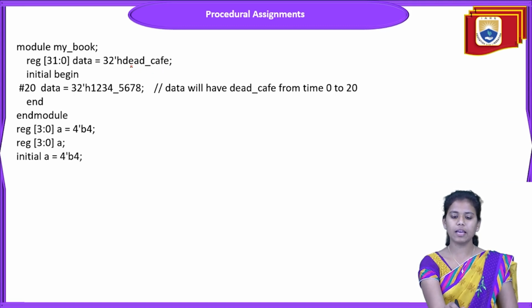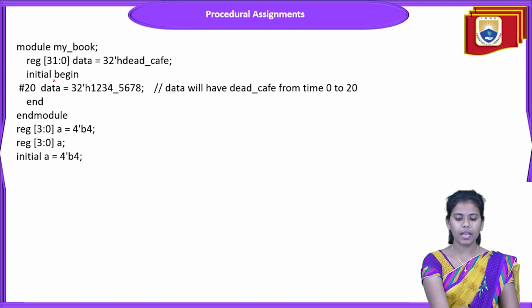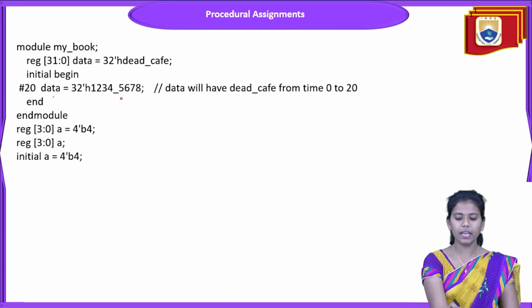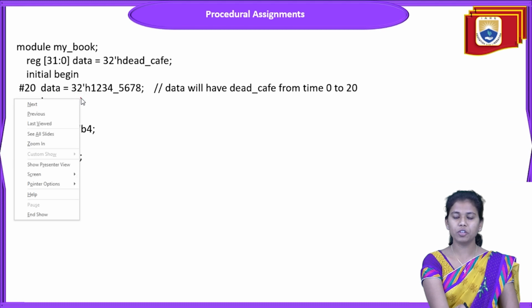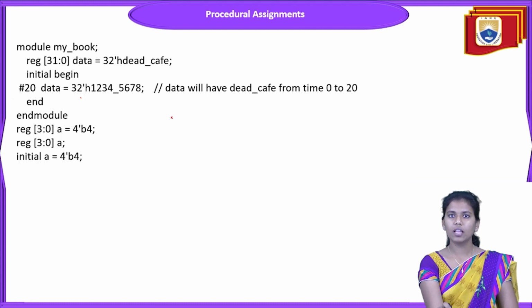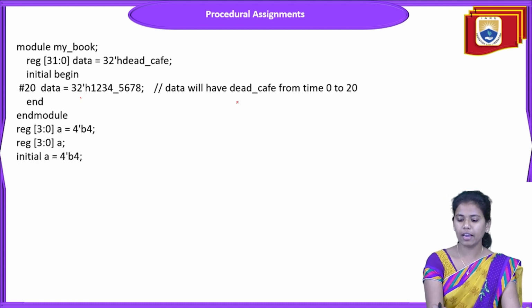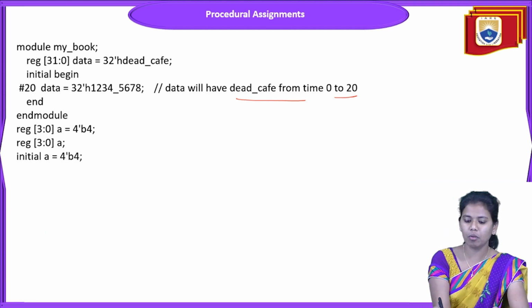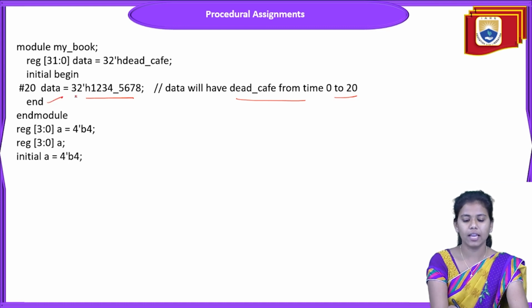I'm initializing it with initial begin, and with a 20 nanosecond delay I'm sending the 32 hexadecimal bits. That means the data will have dead K from 0 to 20 nanoseconds of time delay, these bits will be processed. And then I end with end and finally endmodule.